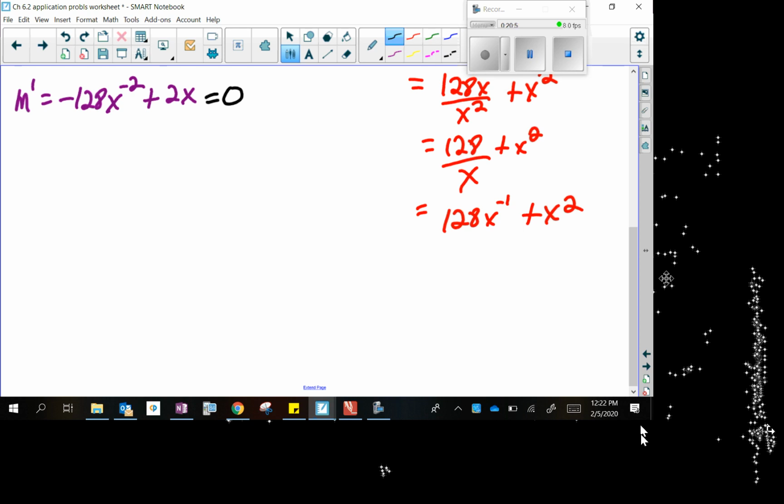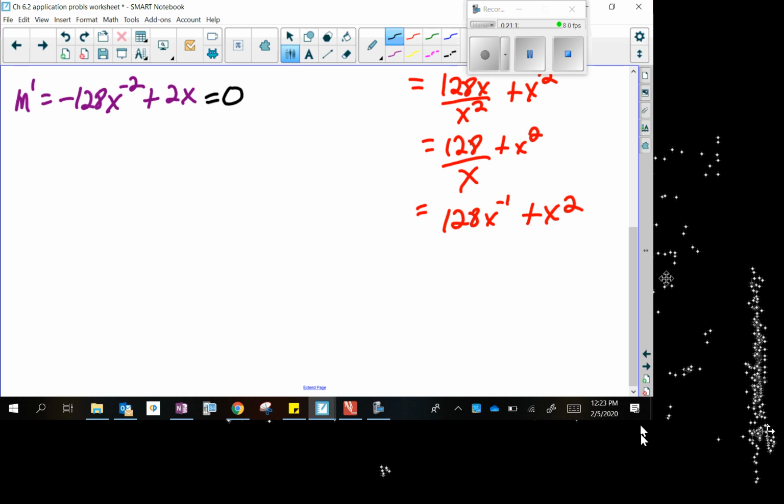So I just brought this x up to the x to the negative 1. Then over here, I'm taking the derivative, so I'm taking down the negative 1. I'm just trying to save room. So negative 2.